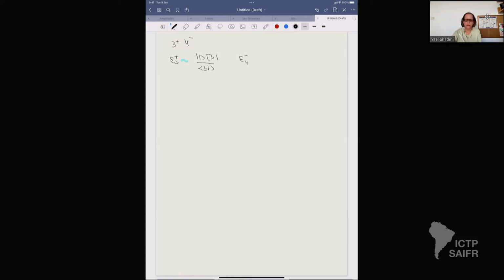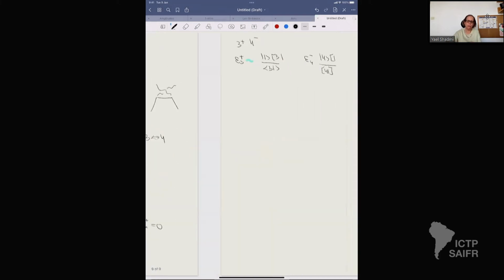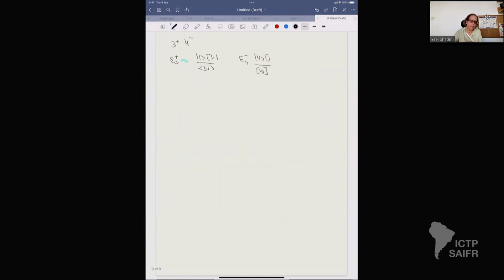And epsilon 4 minus is of the form 4, 1 divided by 4, 1. And so we just substitute that into this expression that we had here, and we get the following thing.